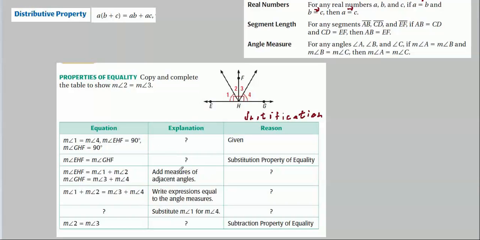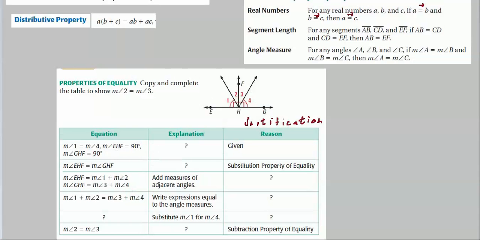Now what says we can do that? Well, let's take a look up here. Remember, a long time ago, we had our angle addition postulate, just like our segment addition postulate, which says that if you break up an angle, the sum of the angles adds up to the whole.